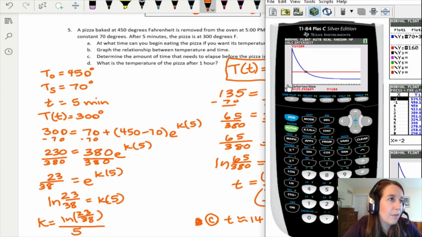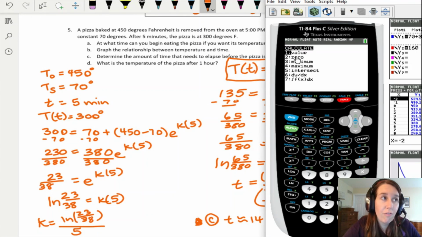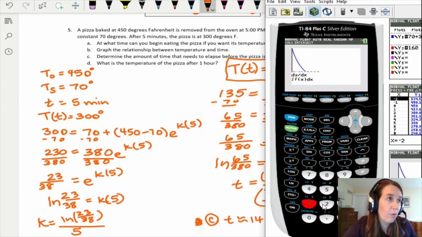Well, my guess, remember we made this 70 minutes, I think. So I'm thinking it's going to be pretty close to 70 degrees, but I want to make sure. So remember, you can do that on the graph too. Second, calculate value because I need an x value this time, and that would be number 1.